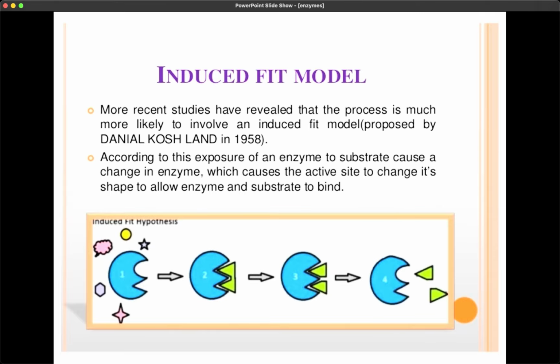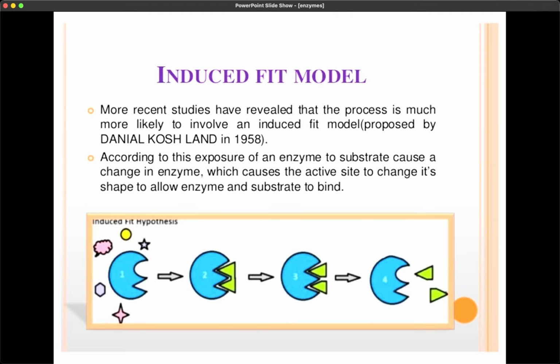It's called the induced fit model. Here there are induced structural changes, and it was proposed by Daniel Koshland in 1958. He explained that the exposure of an enzyme to a substrate may cause a change in the enzyme, which then causes the active site to change its shape, and it allows the enzyme and substrate to bind.